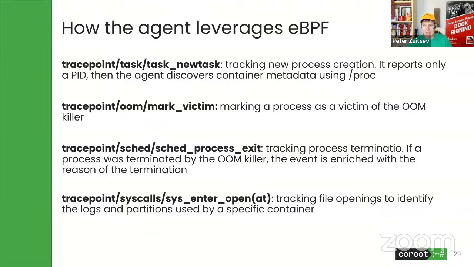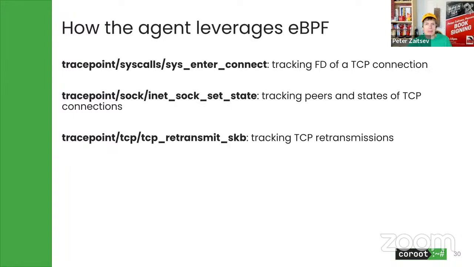We also track the out of memory killer. In this case, we look to see where the out of memory killer marks the process to be killed, and then we know when that process exits that it actually exited because of a lack of memory versus something else.